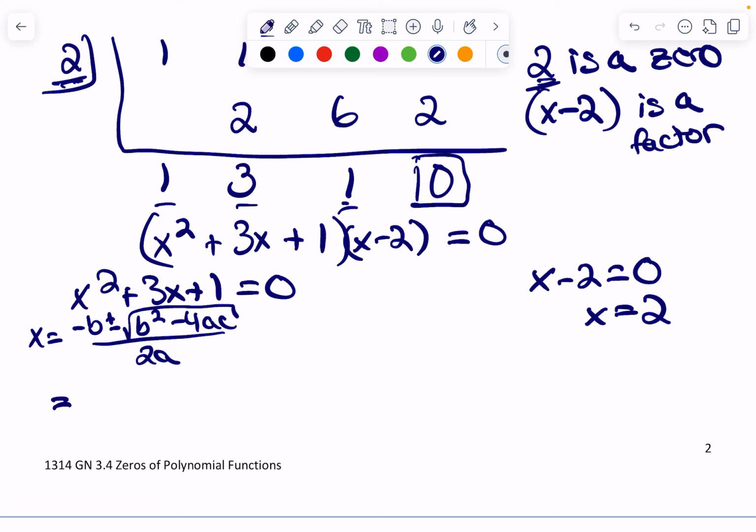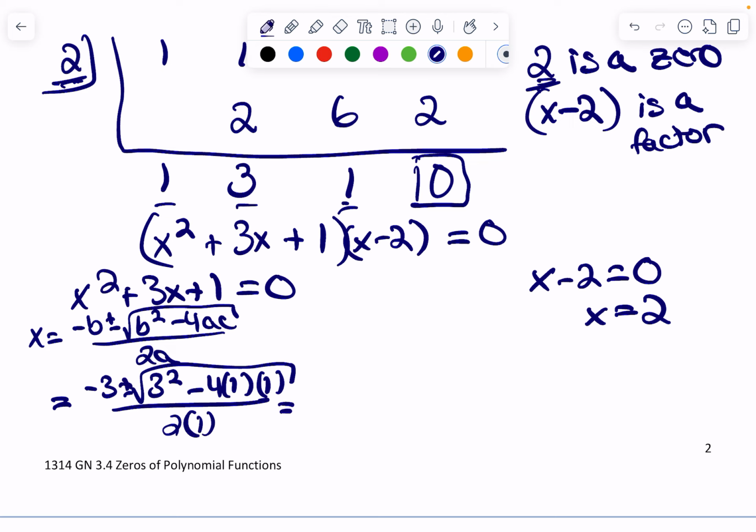So plugging in the numbers, negative 3 plus or minus the square root of 3 squared minus 4 times 1, divided by 2 times 1. When we simplify this, we get x equals negative 3 plus or minus the square root of 5, divided by 2. So those are our other factors.